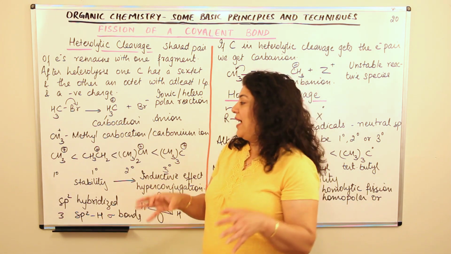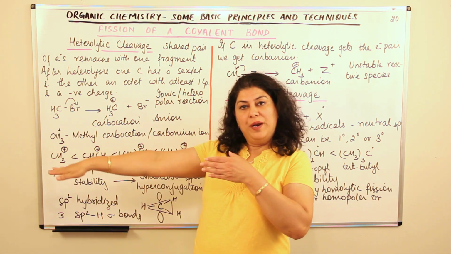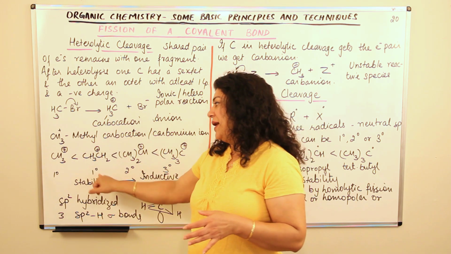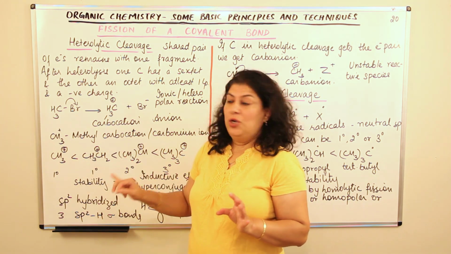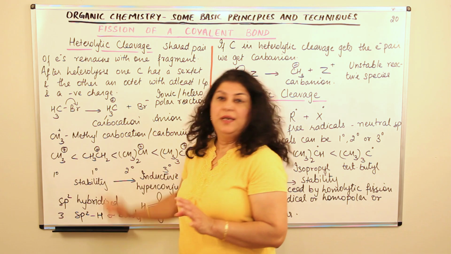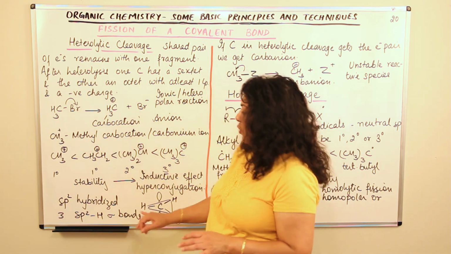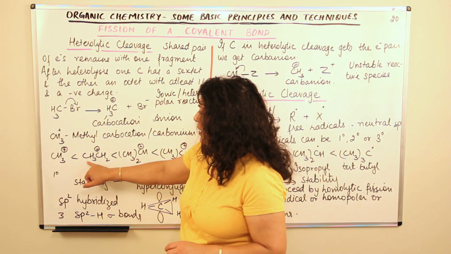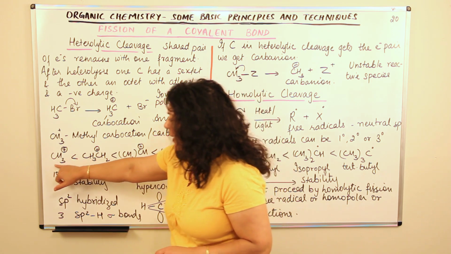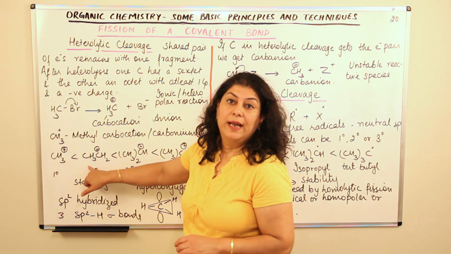Whenever the alpha carbon is attached to one more carbon atom, it is a primary compound. So this is also a primary carbocation. This is the methyl carbocation, and this would be the ethyl carbocation.